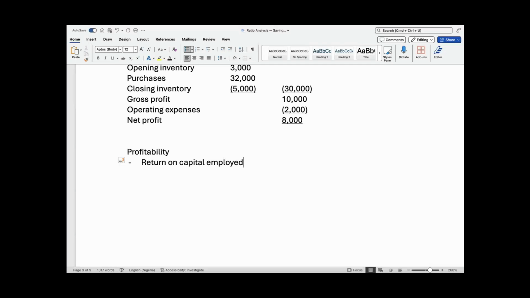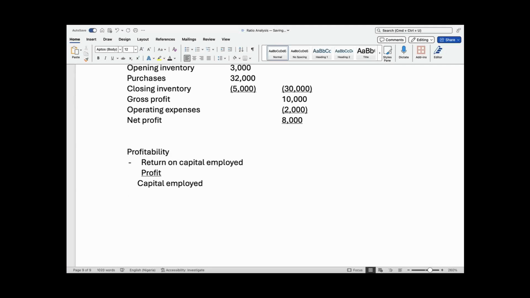Return on capital employed. From gross profit to capital employed and pre-tax profit to capital employed, I feel you should be able to easily deduce this formula. It's simply profits divided by capital employed.